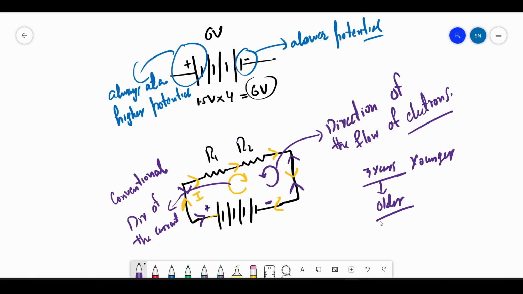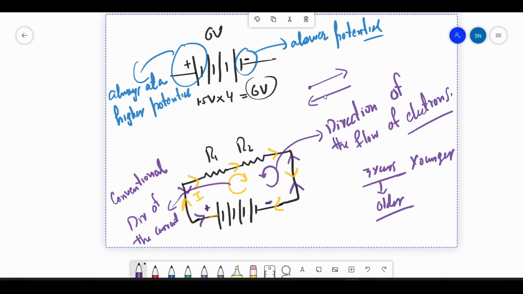Clear? It doesn't matter if I assign the direction of current from this to this or this to this. It's not going to change our calculations. Am I clear? Yes, sir. 100%? Should I move forward? Yes, sir.